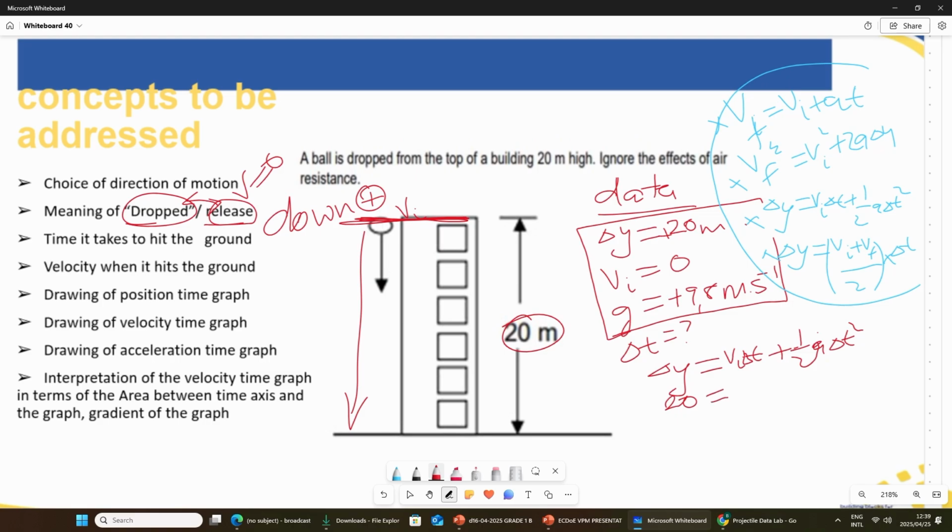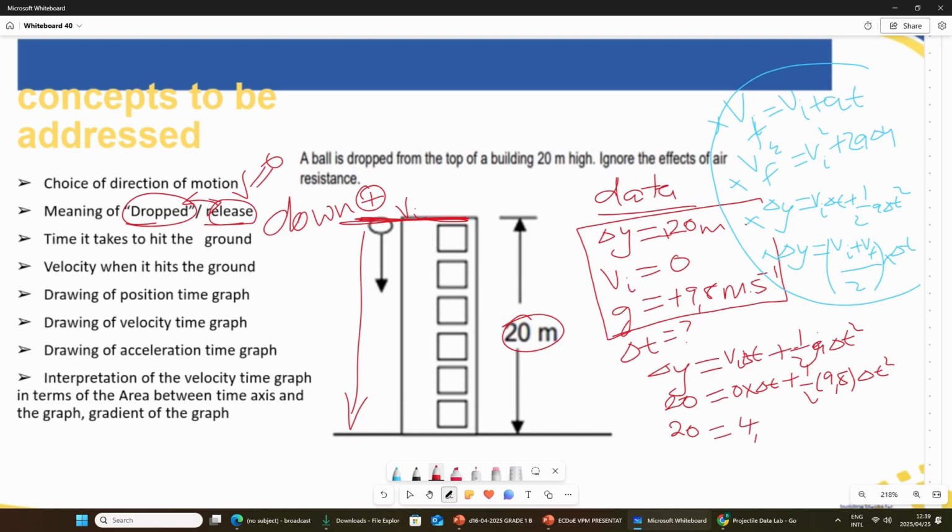Our initial velocity is 0 multiplied by delta t, the one that we want, plus half times the acceleration, which is positive, so 9.8, and delta t squared. If we simplify, on this side we still have 20, which equals 0 times any variable or any number, which gives us 0.